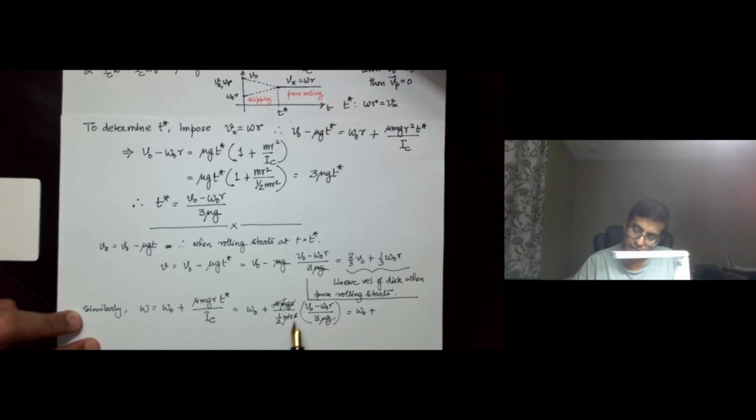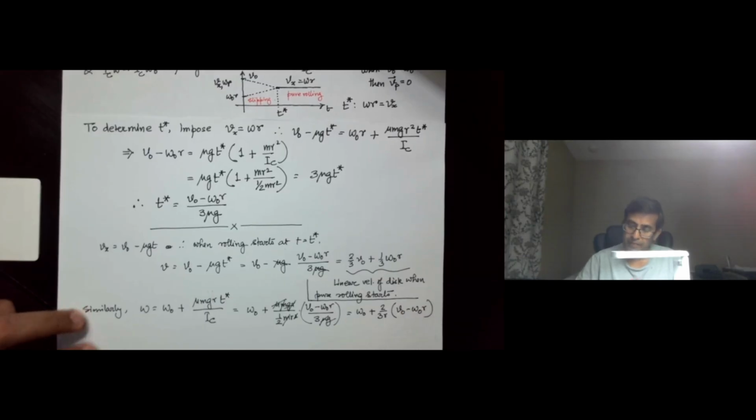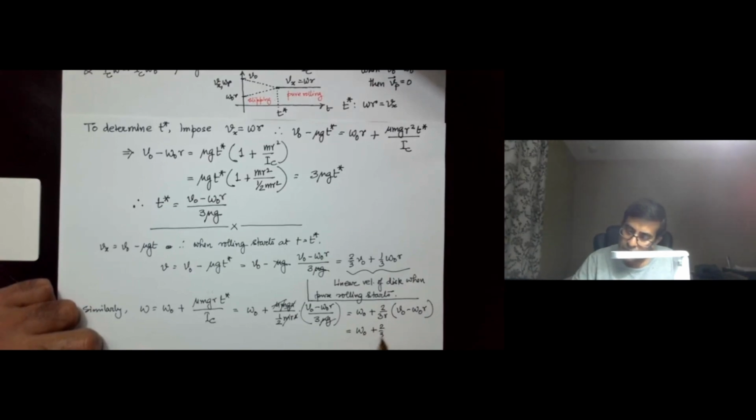So you have 2/3r times v naught minus omega naught r. The angular velocity then becomes equal to omega naught plus 2/3 of v naught over r minus 2/3 of omega naught.